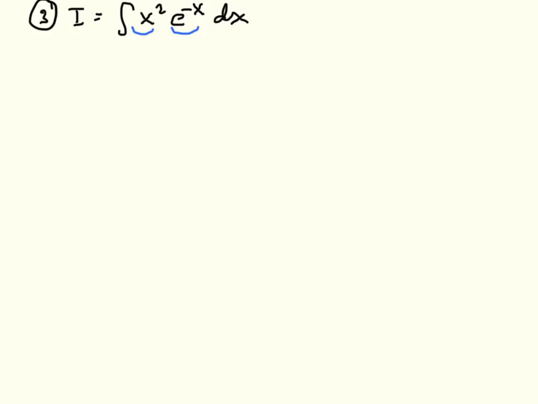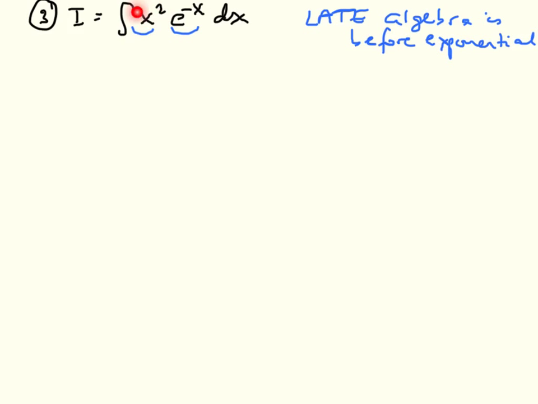And again, from the word LATE, if you remember LATE, algebra is before exponential. So therefore we decide that this is the term that we are going to associate with u, this is the term we are going to differentiate. So that is u and this is v prime.